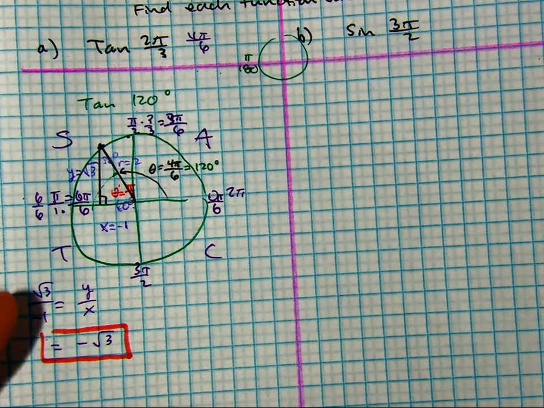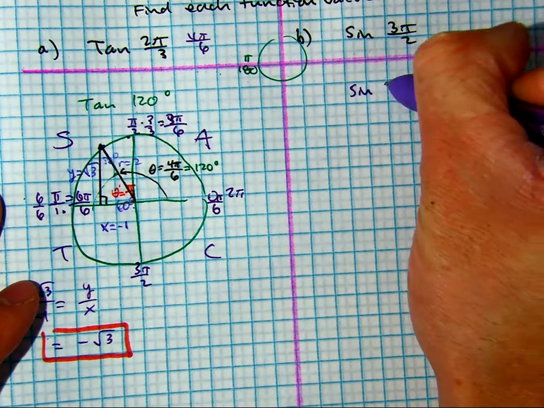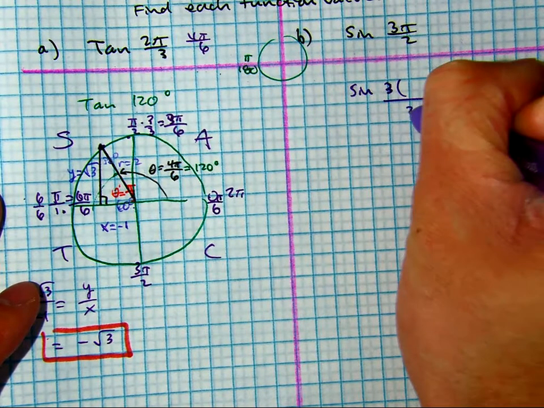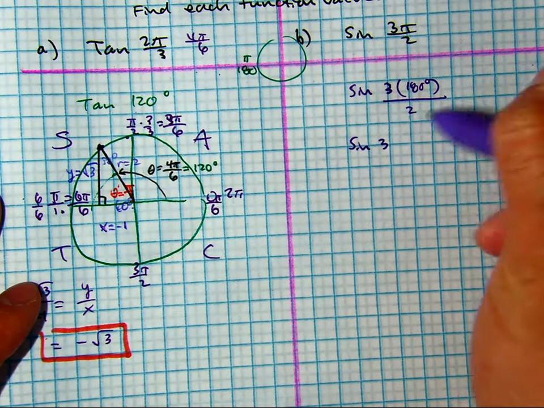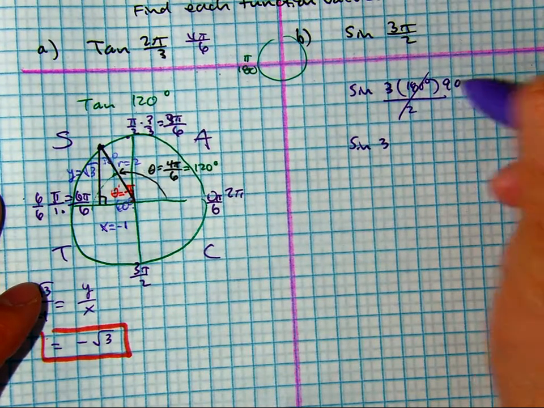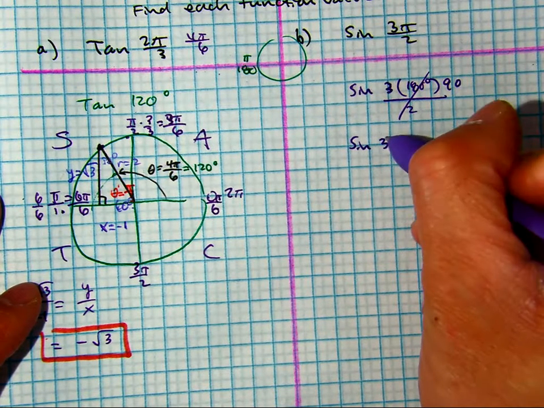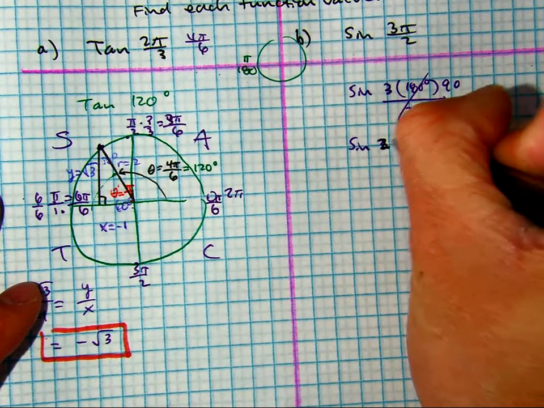Let me show you this one just by using degrees. Sine is 3 times pi. Class, pi is how many degrees? 180. So I know that this becomes 90. So 3 times 90 is how much? 270 degrees.